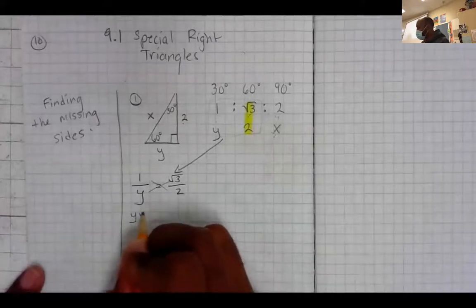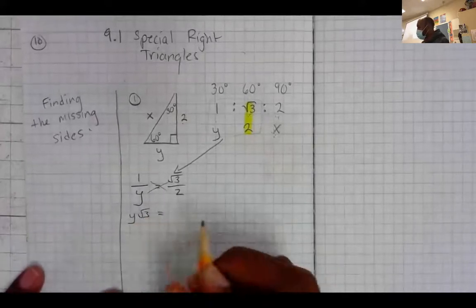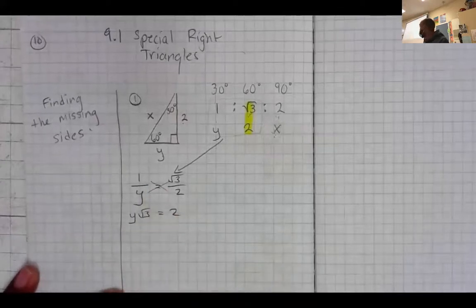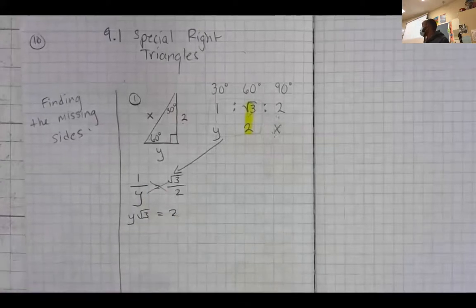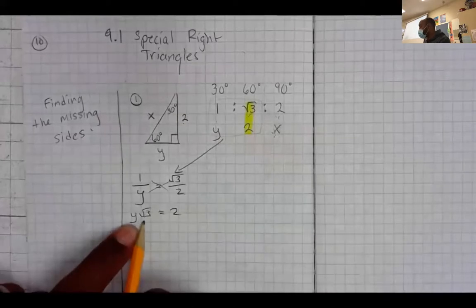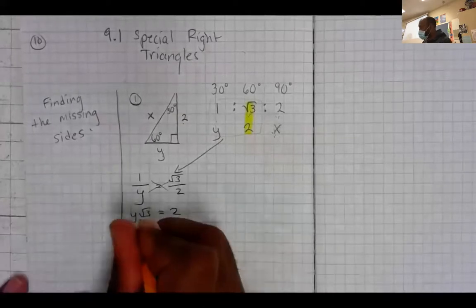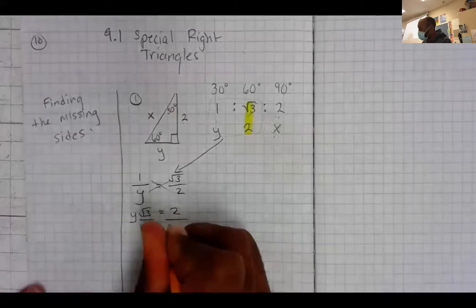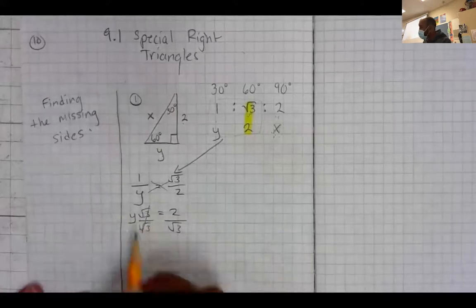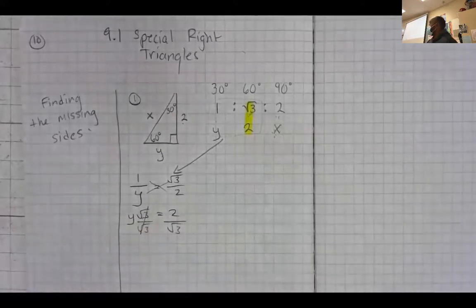So Y times the square root of 3, and then 2 times 1. And again, I'm solving for Y, so I'm going to divide the square root of 3 on both sides. So that cancels out that square root of 3 there.